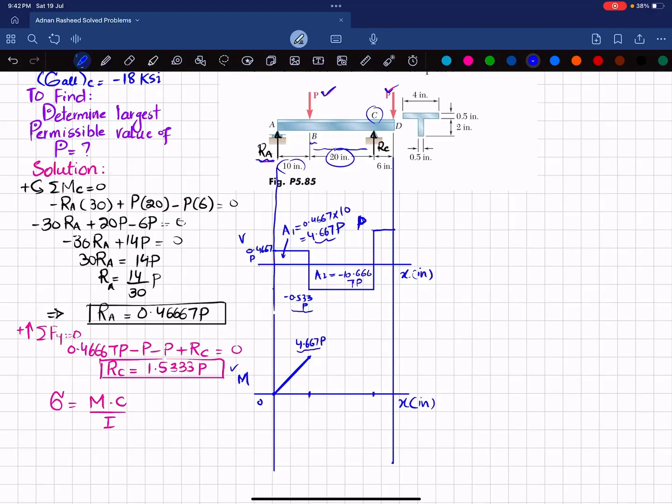So 4.667 P minus this A2 value, 10.667, will give you minus 6. So let's say this point is minus 6P. So bending moment will be this. And you can see that shear force is a horizontal line with 0 degree and its value is negative. So bending moment will be 1 degree higher and its slope will be decreasing, and it will be a straight line. I will draw it again, a straight line.